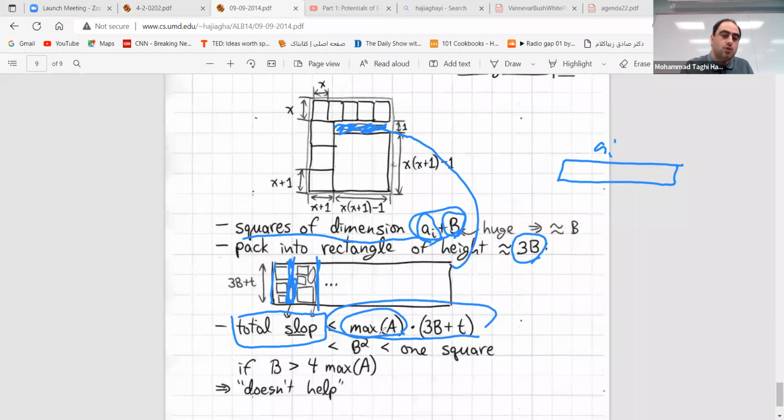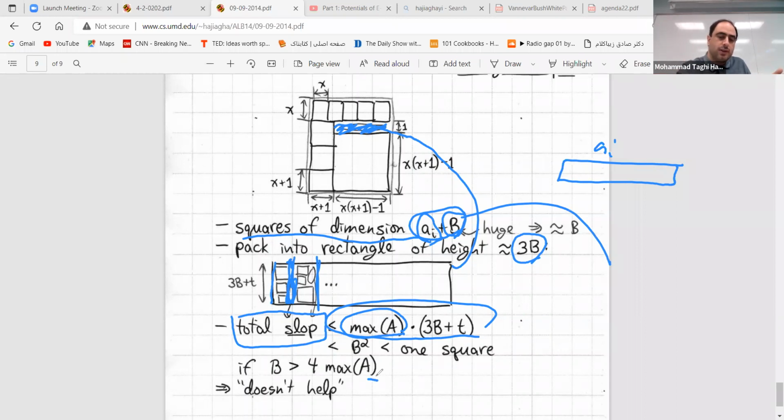If we make sure that this area is less than b squared, it means that we cannot actually put any square here. Why? Because this b that I mentioned before, we are taking b huge, such that this is smaller and we cannot put any other guys there. So as long as max A times 3b plus t is less than b squared, we are fine.